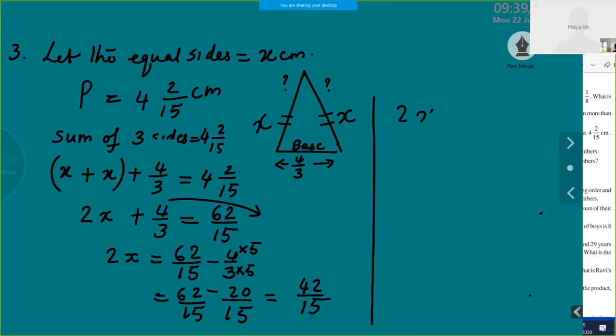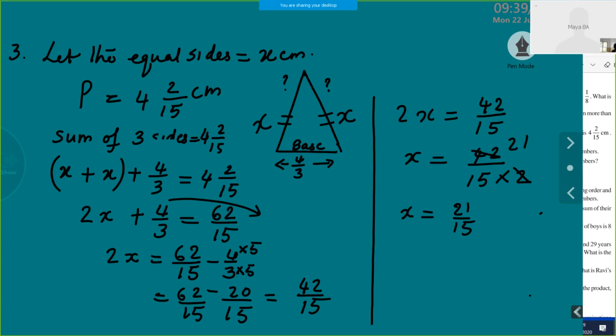We have 2x is equal to 42/15. 2 is multiplied here, so when you bring it to the other side, it is 42/15 divided by 2. We can cancel this with 21. So x is equal to 21/15.